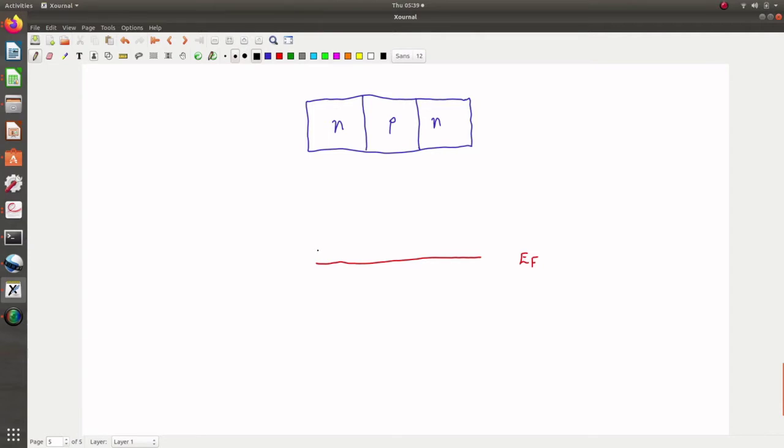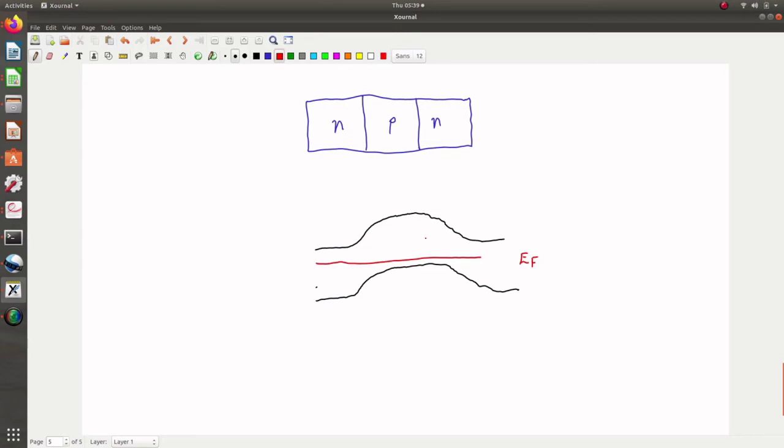The first NP junction, we have a band like this, and the PN junction we have the band like this. So this is the band diagram of an NPN transistor at equilibrium.